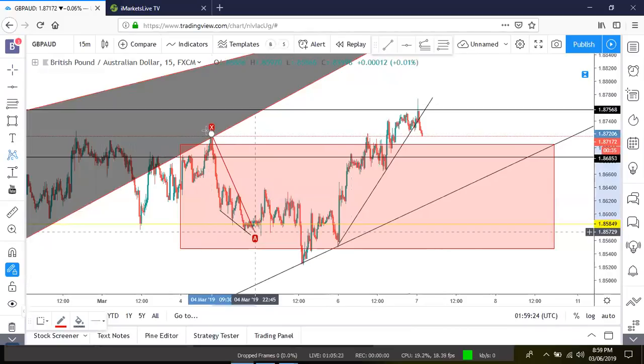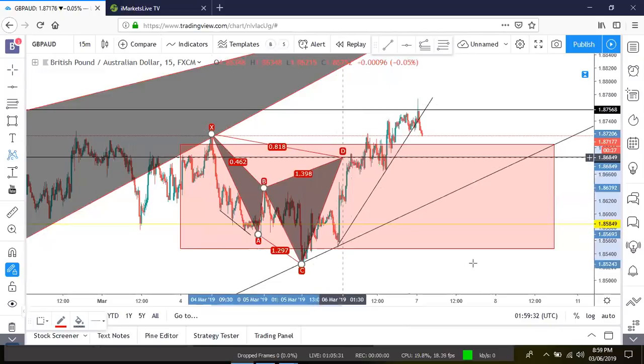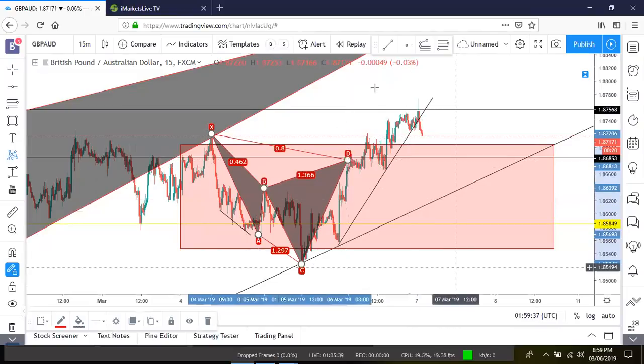X to A to B, B to C, C to D. Let's just say right there. So I have a Cipher pattern right here, okay?